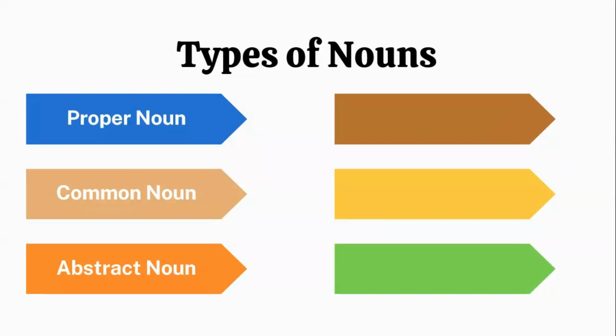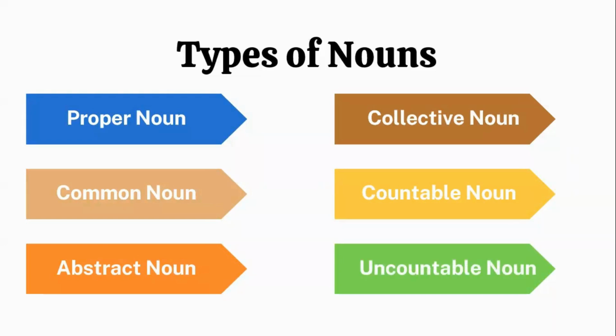Third one is abstract noun. Fourth one is collective noun. Fifth one is countable noun. And last, not the least, uncountable noun. So there are six types of noun. Now we are going to know in detail about each and every one of these six nouns. Okay. Now move on to the next slide.